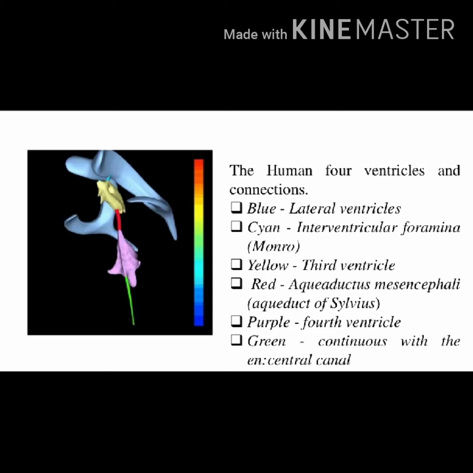Blue color here indicates the lateral ventricles. Cyan color is the interventricular foramina, the yellow color indicates the third ventricle, and the red color indicates the aqueduct of the midbrain, meaning the aqueduct of Sylvius. Purple color indicates the fourth ventricle, and green color indicates continuity with the central canal.